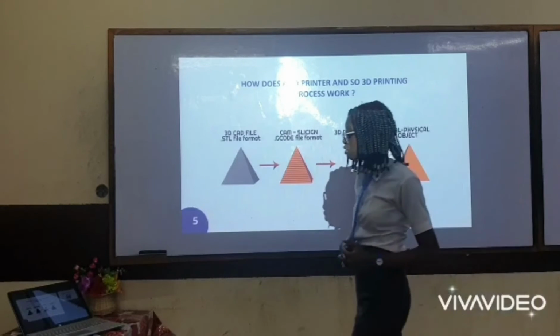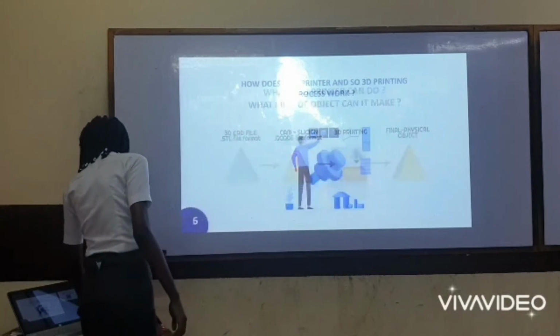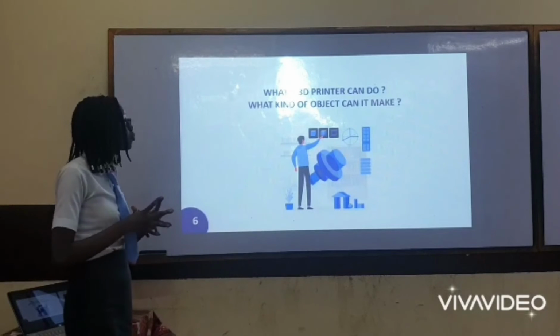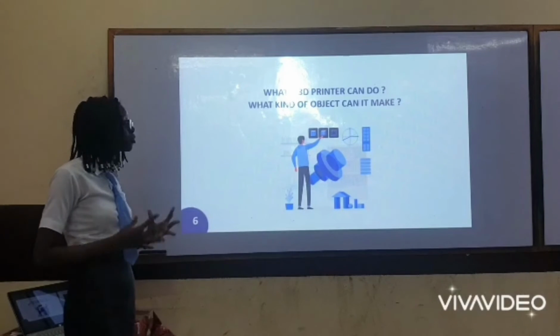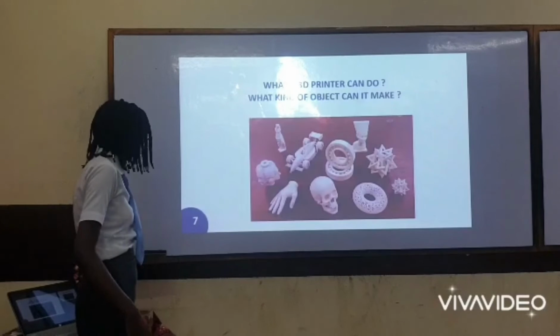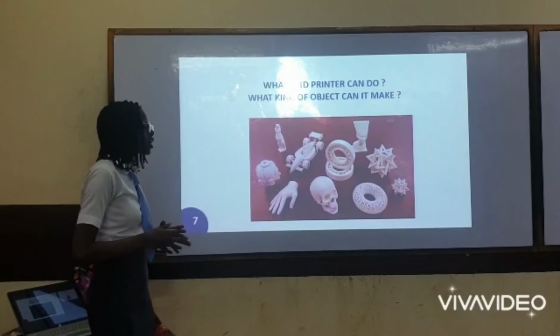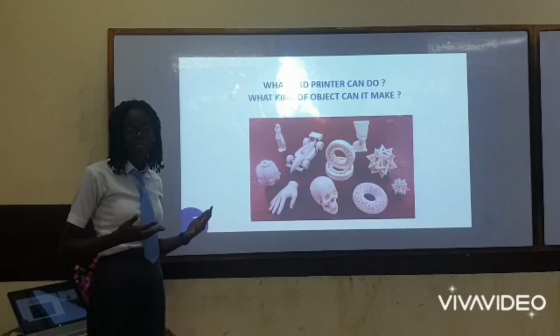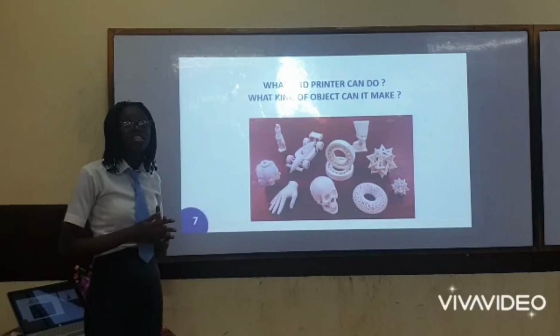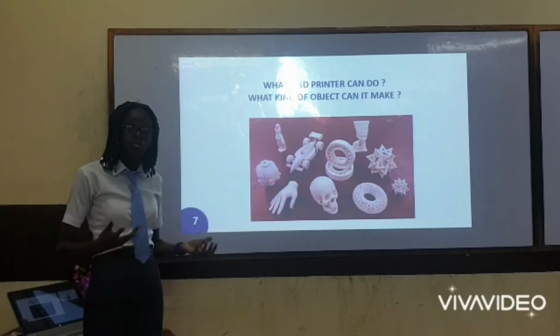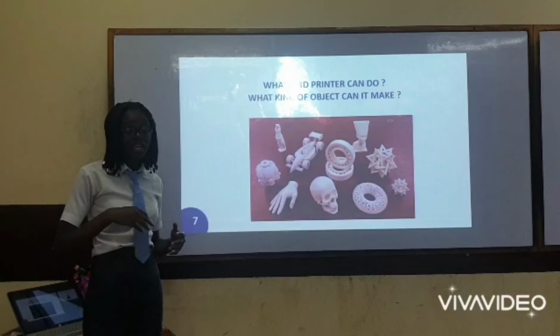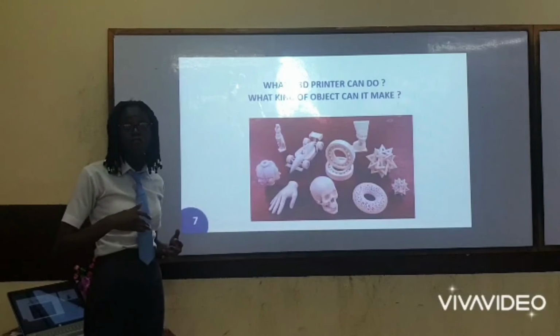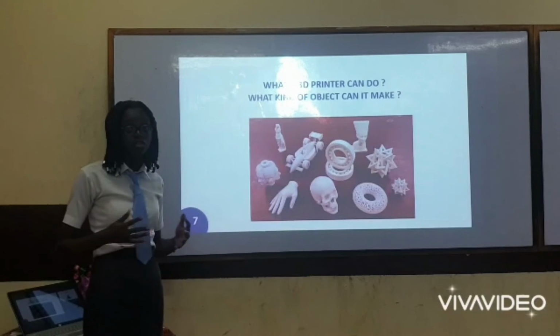So the next step that we will see is what a 3D printer can do. What kind of objects can it make? A 3D printer can make several types of objects depending on the material used and also the method of printing that is used.